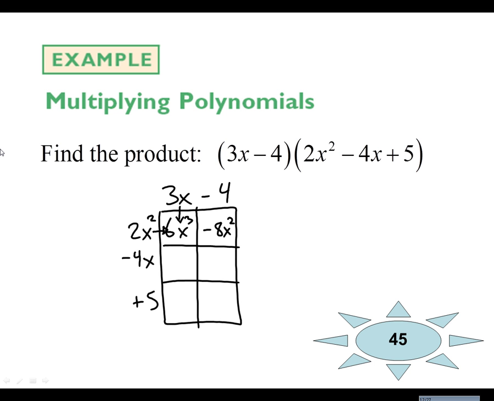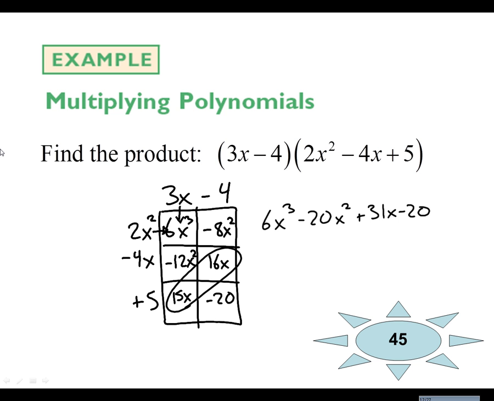So in this one it'd be the 4x times the 3x, and I'd get negative 12x squared, and then I'd get 16x and 15x and negative 20, and the nice thing here is that my like terms are going to be on diagonals from each other. The x is the x squared. So I've got 6x cubed minus 20x squared plus 31x minus 20. All right, your turn, problem 45.